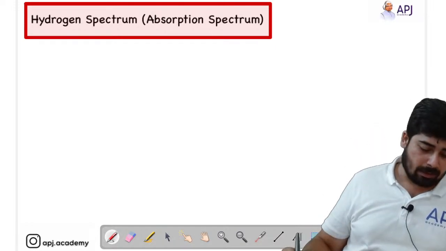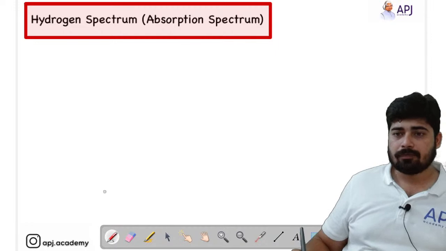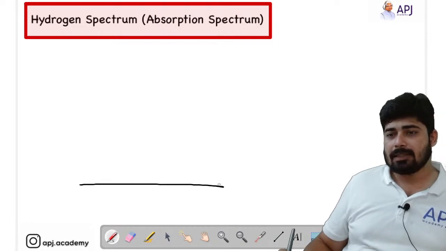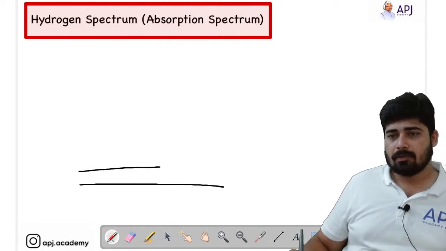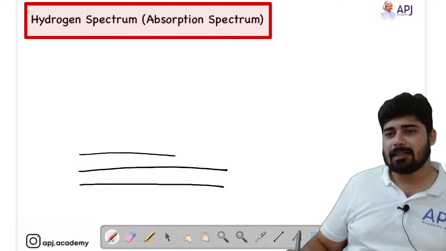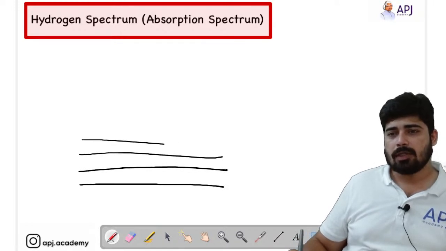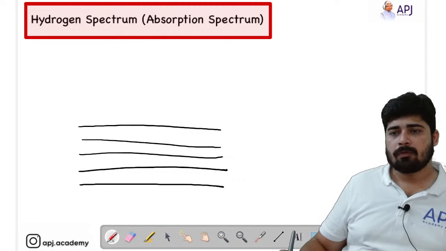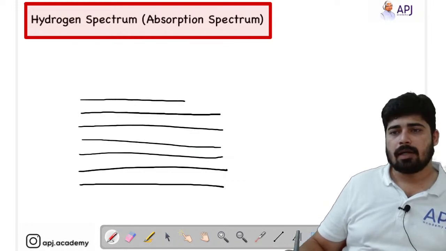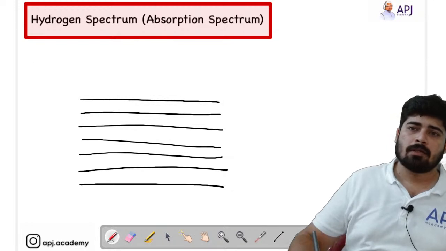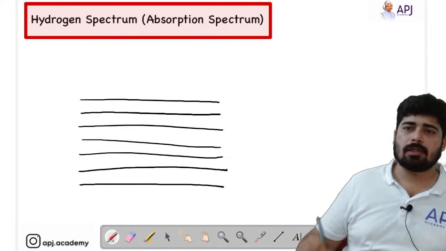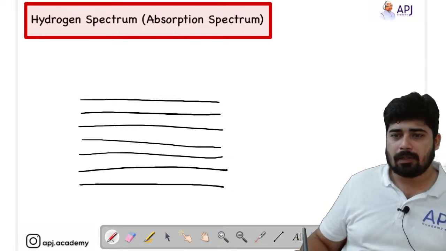Hope that is clear. So we can have similarly 7 lines. We know that a maximum of 7 lines we draw. So 3, 4, 5, 6 and 7. So you can just consider the electron is present in the first shell.